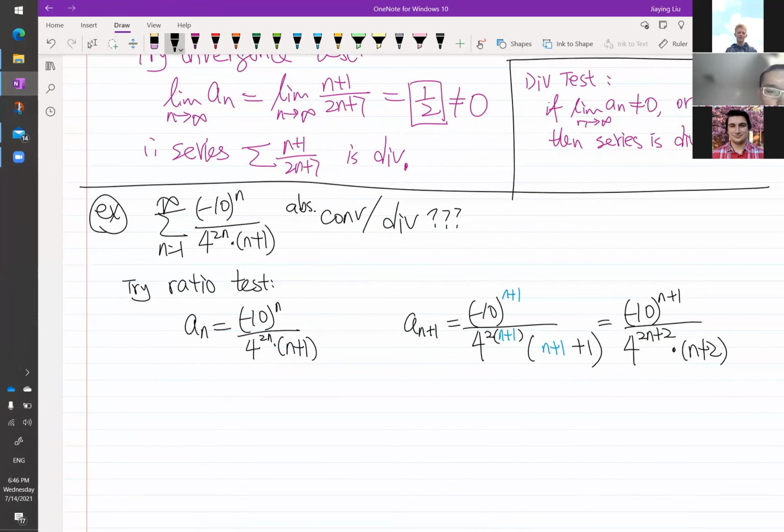So anyway, next we're going to define L, which is the limit as n goes to infinity of the absolute value of a_{n+1} over a_n.